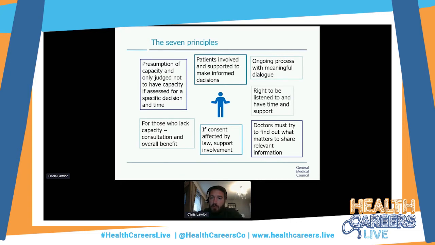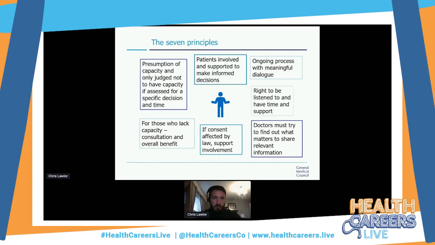So the point there, what do you do if you completely disagree with a patient? And that is a very difficult situation, but ultimately a patient has the right to make whatever decision they want. So the best example of that may be if a patient chooses not to have any treatment at all.